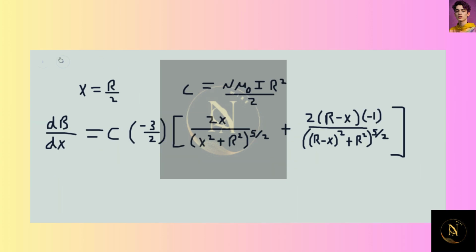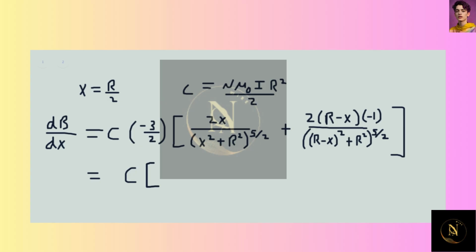Okay? So now we just simply plug in x equals r over 2 into these. And what do we get? So we still have c times negative 3 over 2. So we're just going to call all of that c. We're going to let that negative 3 halves get consumed into the constant c. Because what we want to show is this is equal to 0. So clearly c times negative 3 halves isn't equal to 0.